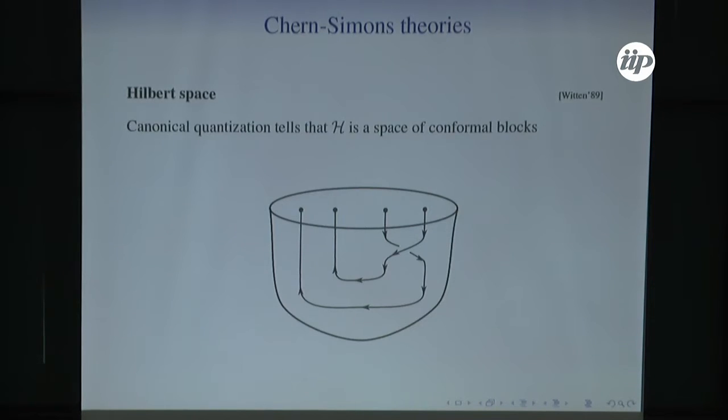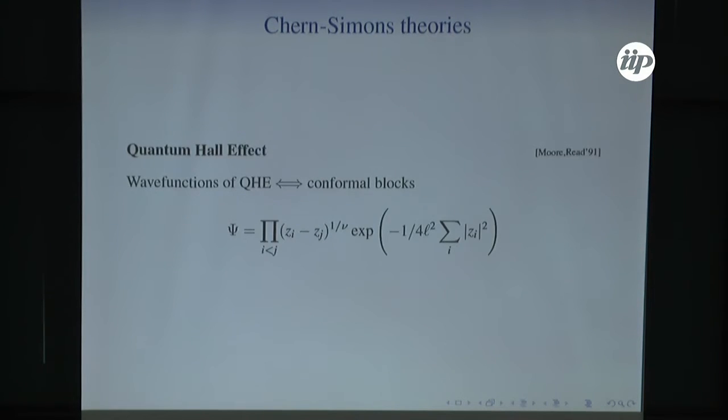And then in this original picture, you could think of the insertions at these points as the quasi-particle excitations of the quantum Hall state. I'm not going to talk much more about it, but I just refer to the talk by Paul Wiegmann last week, who talked about, in particular, the Laughlin wave function in the quantum Hall effect.